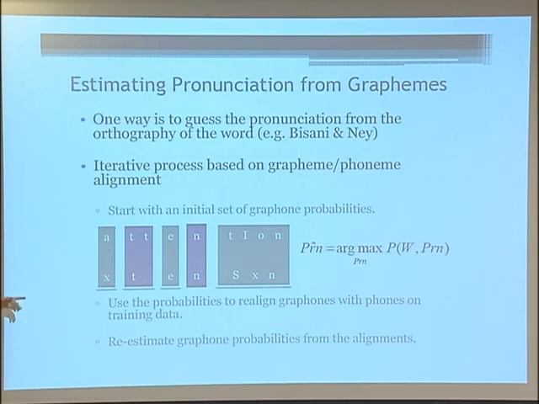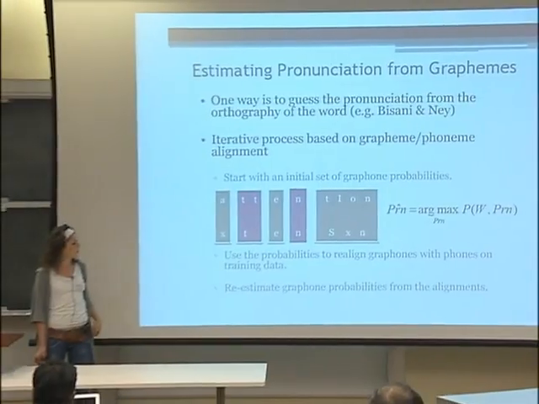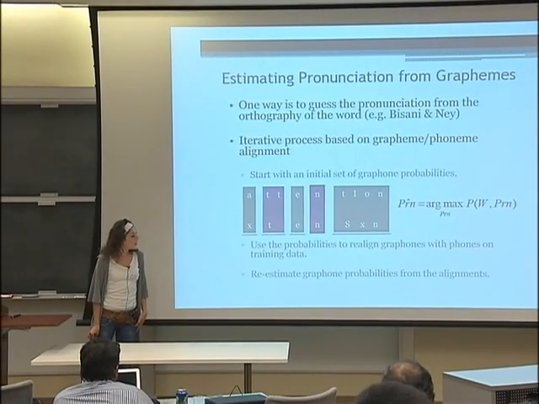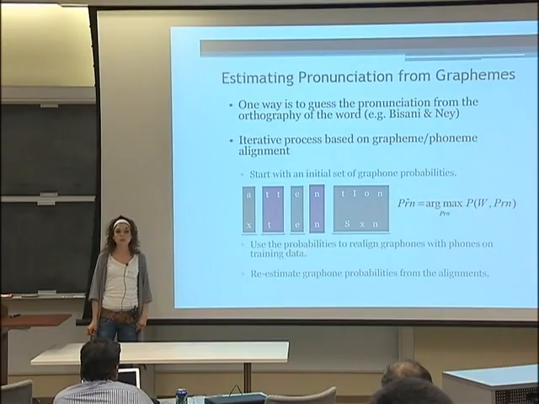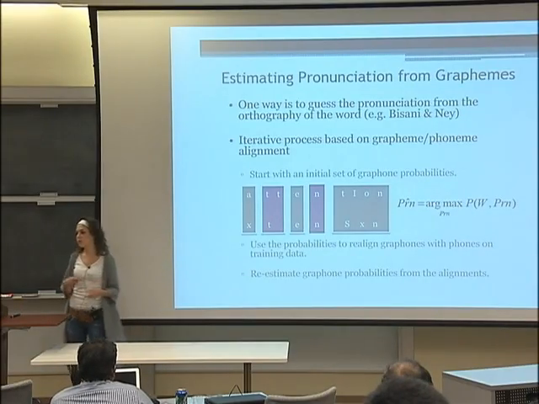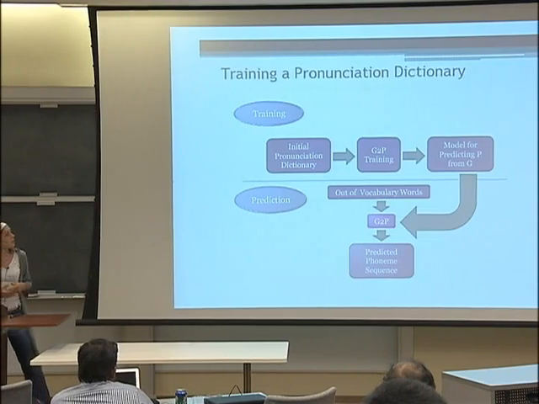There can be a 1-to-1 mapping, or 2 graphemes can be mapped to only 1 phoneme, or 1 or more graphemes can be mapped to silence. This doesn't depend on anything. After we get these probabilities, we re-estimate graphone probabilities from the alignments, and we continue this process iteratively until we reach the best results.